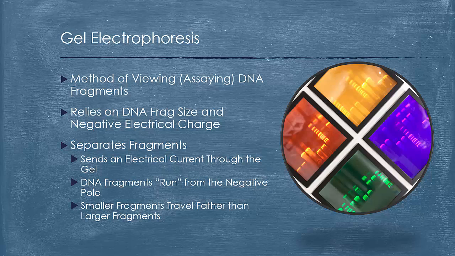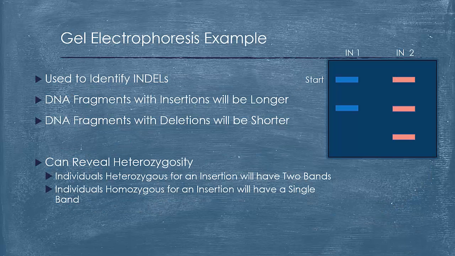DNA fragments will run from the negative pole. Smaller fragments will travel farther and faster than larger fragments. So this is used to identify indels. So DNA fragments with insertions will be larger, while DNA fragments with deletions will be shorter.